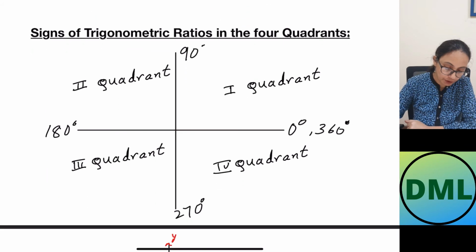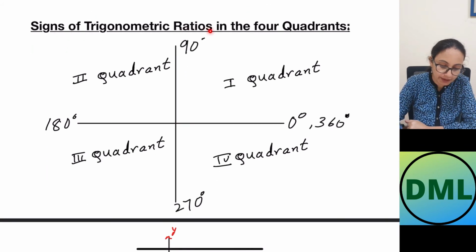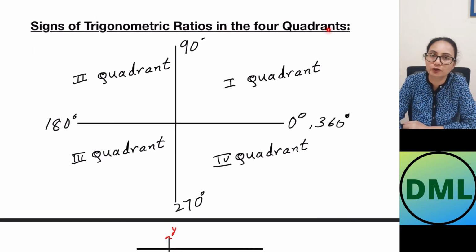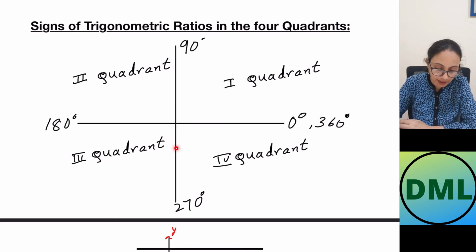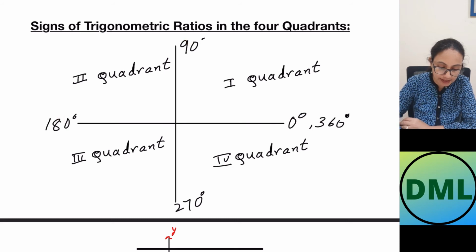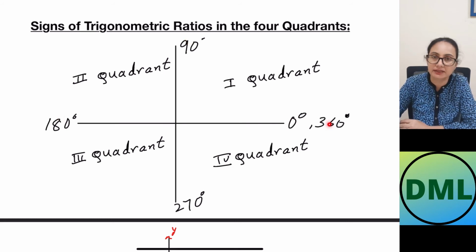Now we will look for the signs of trigonometric ratios in all 4 quadrants. So now we have basically 4 quadrants. This is starting from 0 degree, 90 degree, 180 degree, 270 degree and again 360 degree, and you can move on.